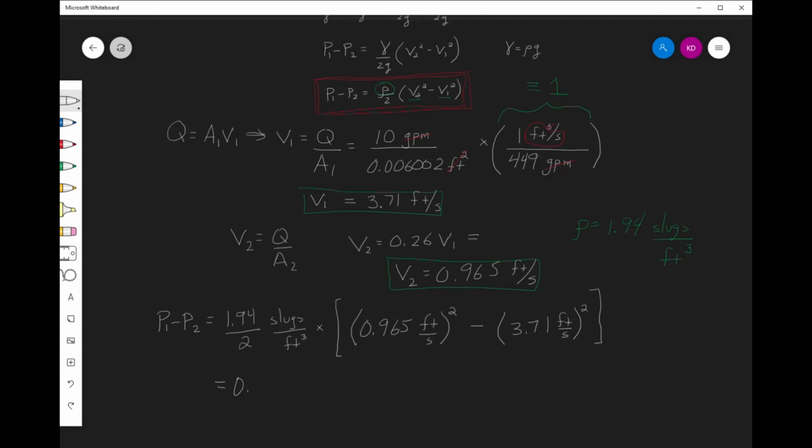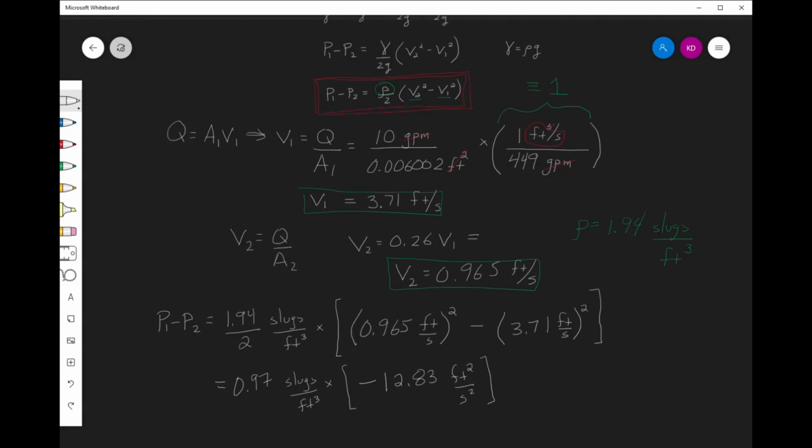So I have 0.97 slugs per foot cubed times 0.965 squared minus 3.71 squared. This works out to be negative 12.83 feet squared per second squared.